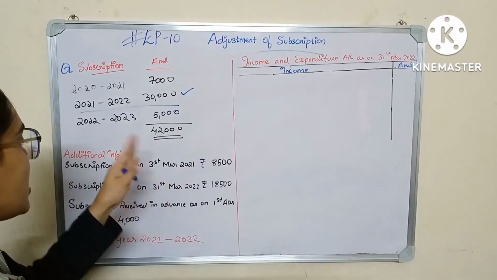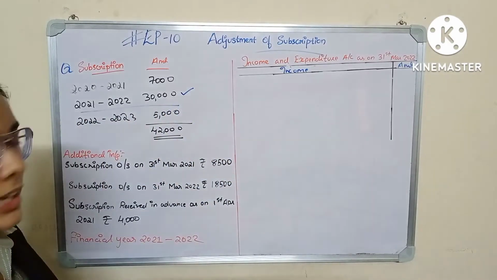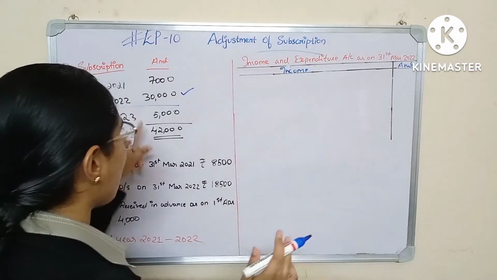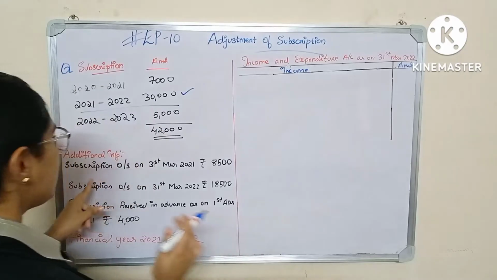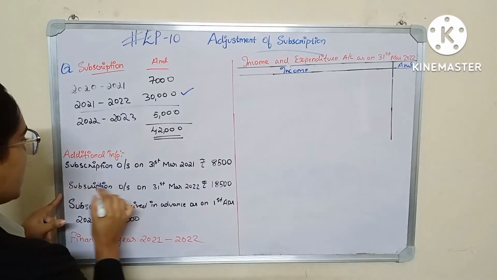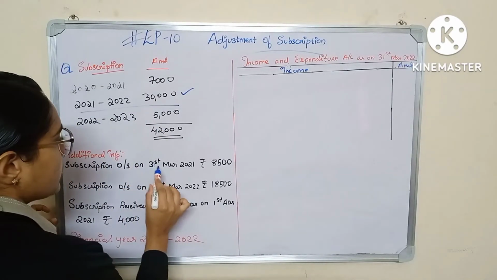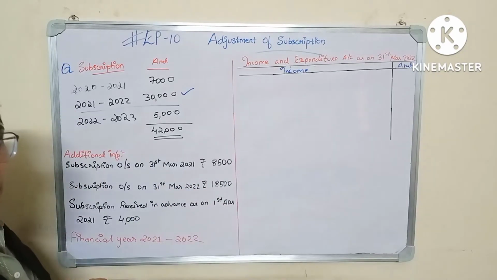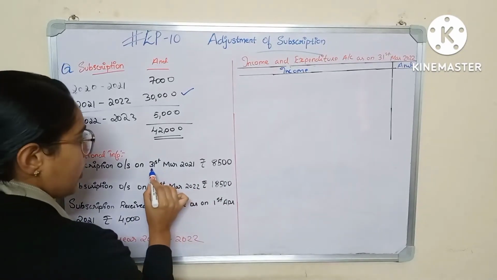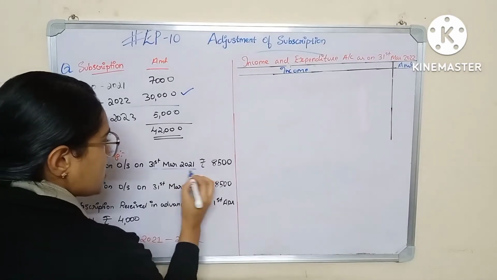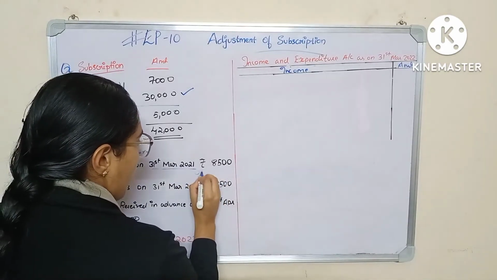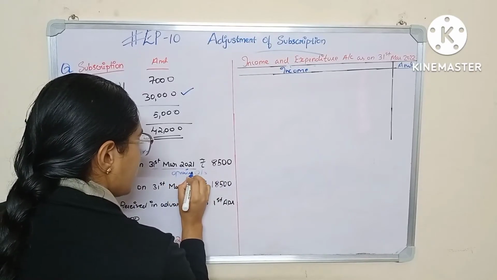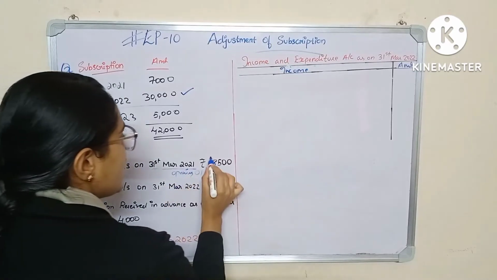The amount you have received is 30,000, and in the adjustments you can see subscription outstanding on 31st March 2021. That is the opening outstanding, which should be subtracted.